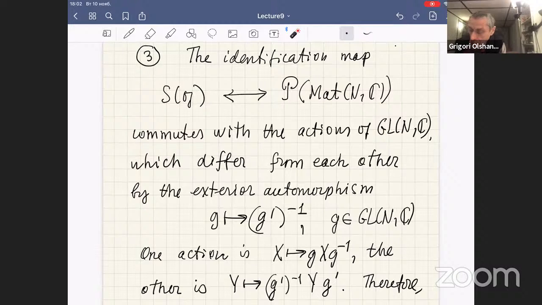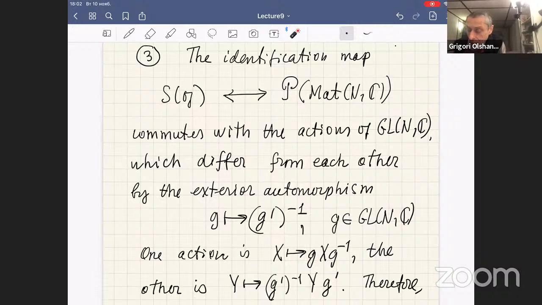If one action on the left is this one, then the action which appears here is slightly modified. We have to use this automorphism in order to get this identification. But this is not important, because the orbits are the same, so the invariants which correspond to this action or to this action are the same.